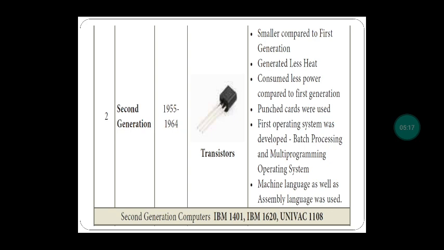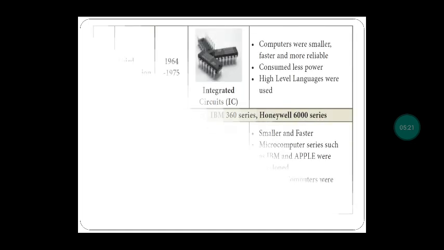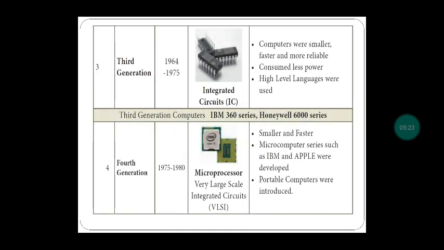Next we will go for the third generation computer. The years for this generation are considered as 1964 to 1975, and in this generation they used integrated circuits. Many transistors were formed together to form an integrated circuit, shortly called an IC.